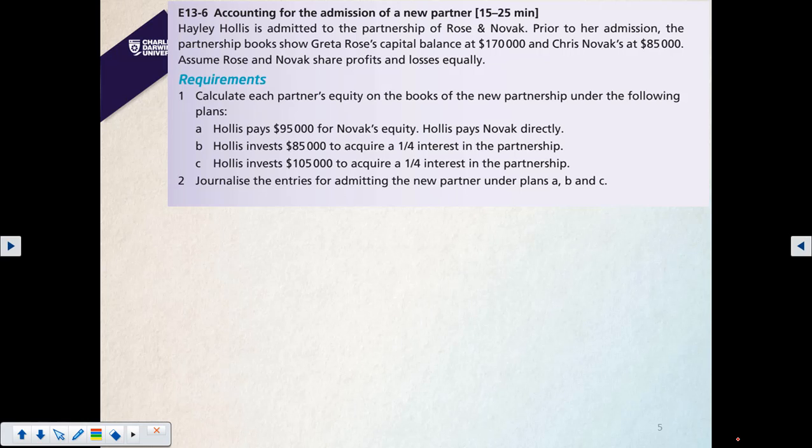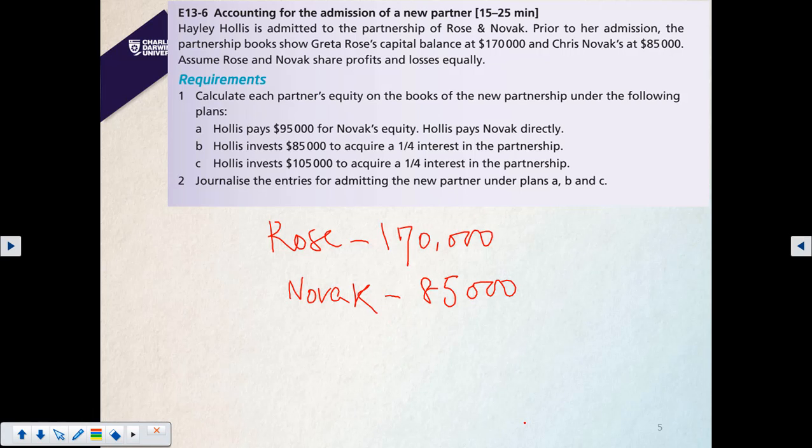Let's try to understand here. Rose, how much capital does he have at this moment? $170,000. And Novak has a capital of $85,000. Now the new partner, the name is what? Holly.